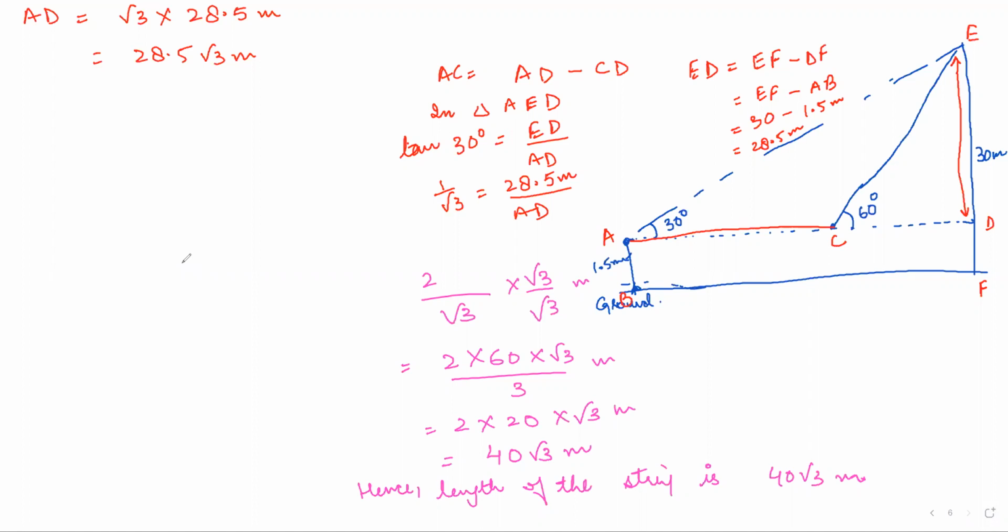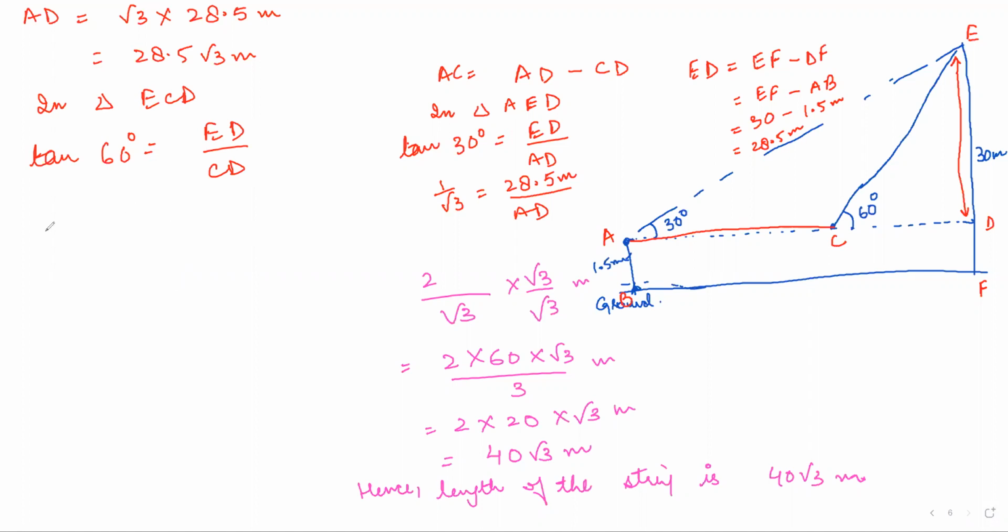Now come to another triangle. So in triangle ECD, again I can use tan 60. So tan is perpendicular upon base. Perpendicular is ED, base is CD. Clear?